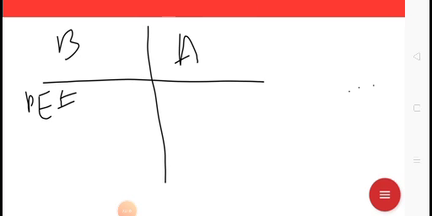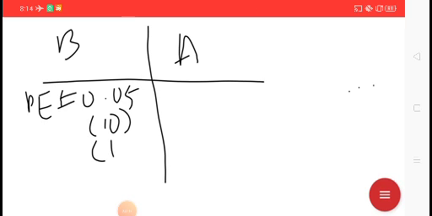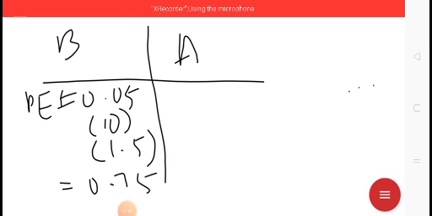Your PE is equal to 0.05 times 10 times 1.5. Okay, so you can simplify this, and it equals 0.75. On the other side, what do you have?